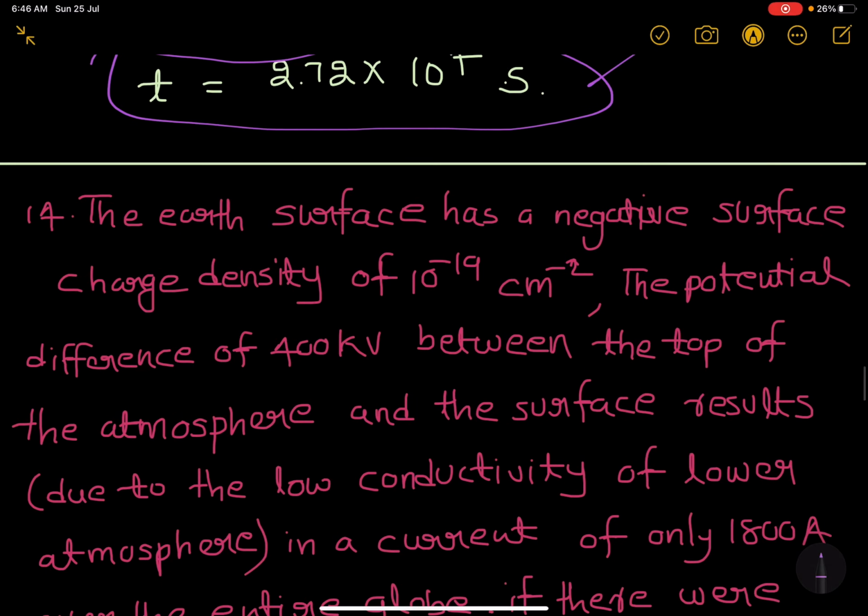14th question. The earth's surface has a negative surface charge density of 10^-9 C/m².